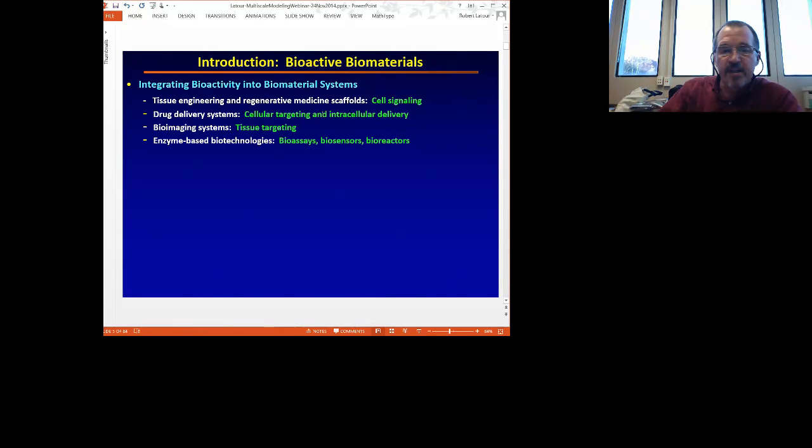Of course, we have cell targeting and intracellular delivery mechanisms. Bioimaging is tissue targeting, where we link bioactive molecules to target the imaging system. And for enzyme-based biotechnology, of course, for bioassays, biosensors, and bioreactors.